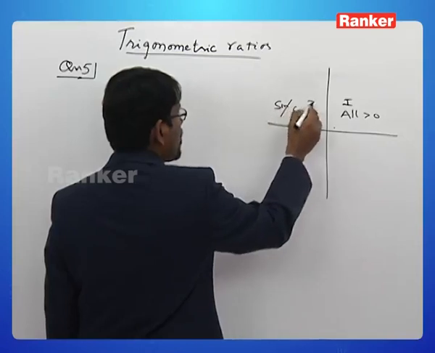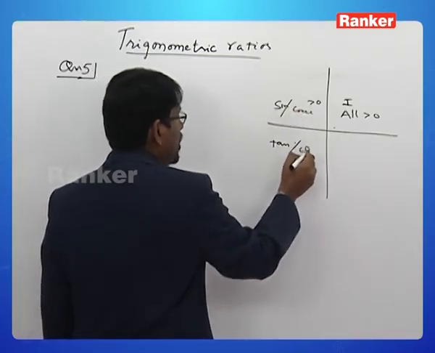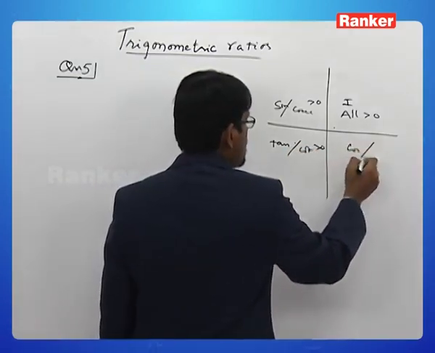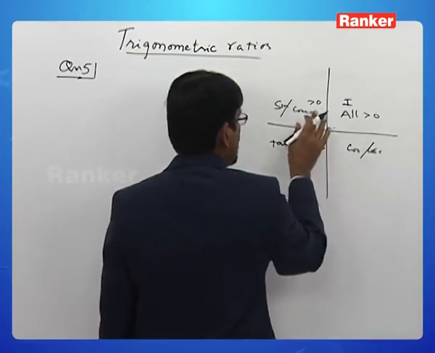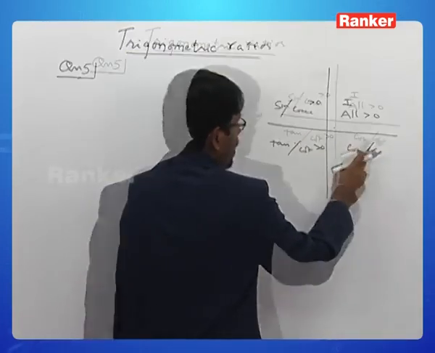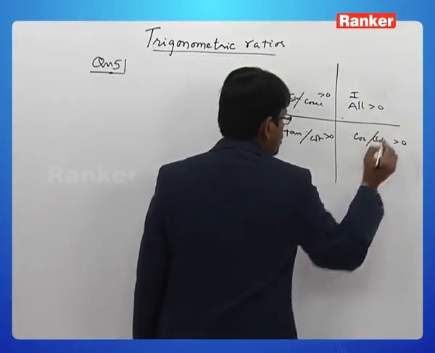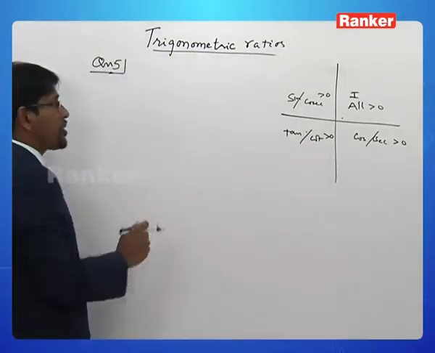Here tan and cot are positive. And here we have cos and secant positive, in this quadrant.